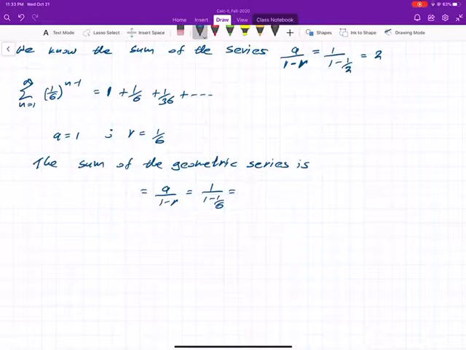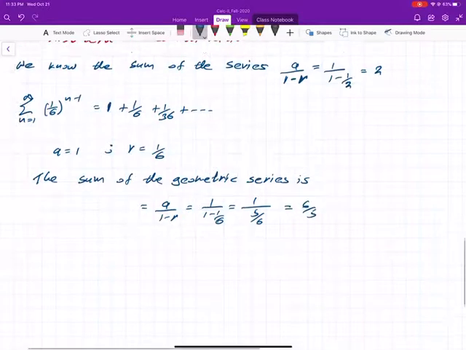This is actually 1 over 5 over 6, which is 6 over 5. So that is the sum.